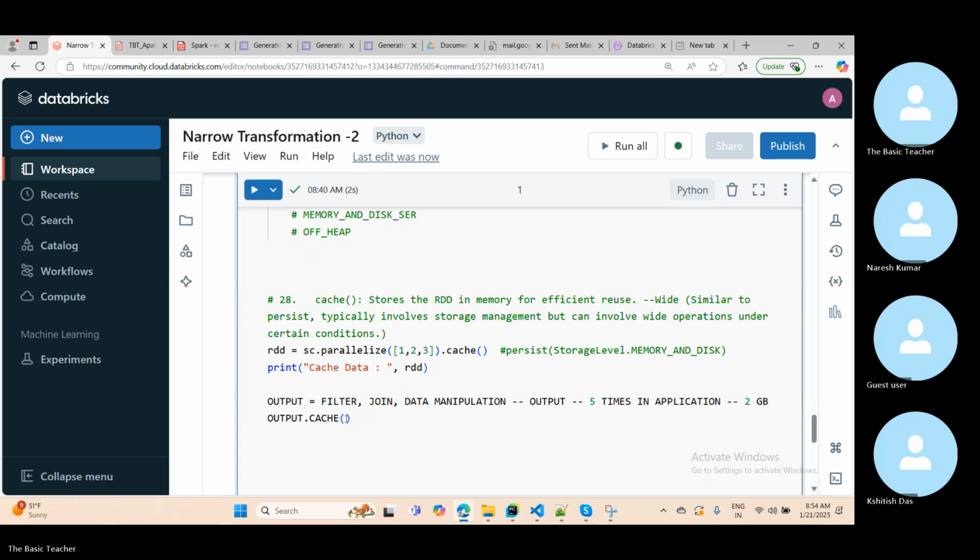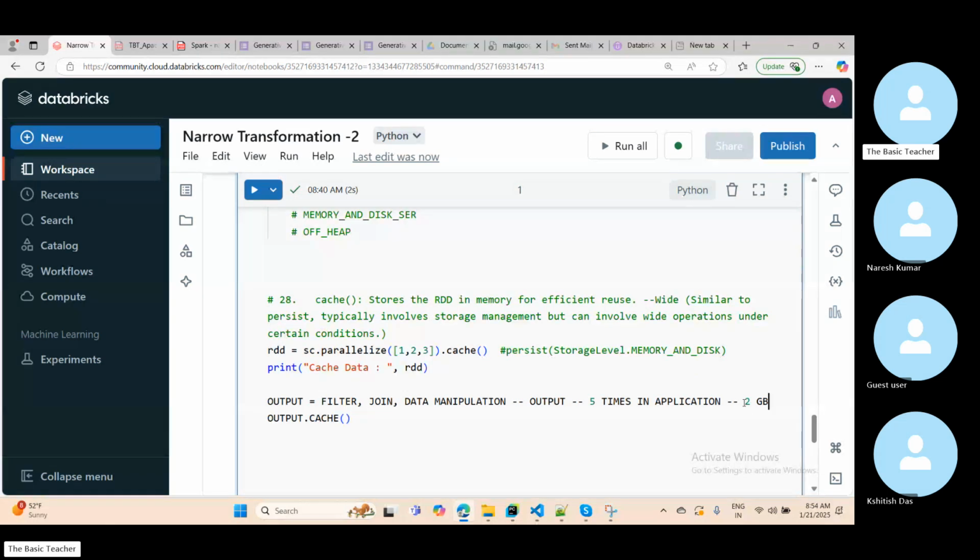And until you are using this, let's say 5 times, you can reuse this. And once your task is done and you do not need this data further, then you should not forget to uncache, meaning unpersist this. Otherwise, if this output is 2 GB, by default this will be available unnecessarily throughout the application, right?